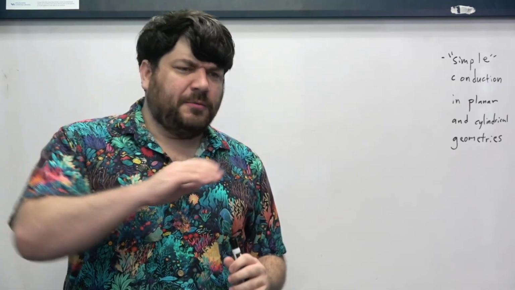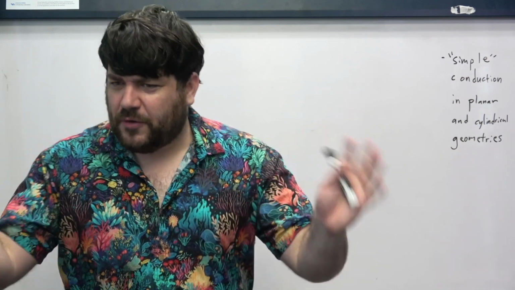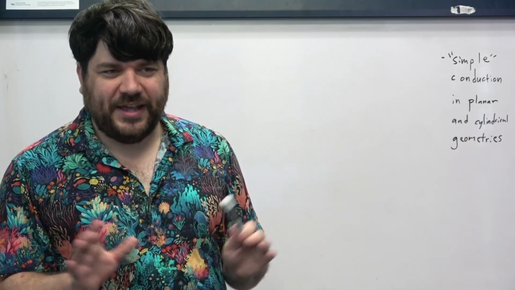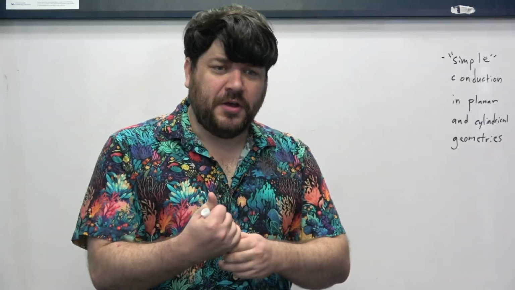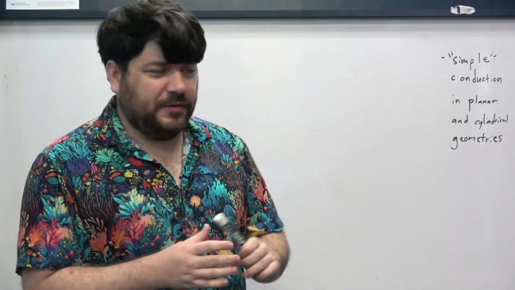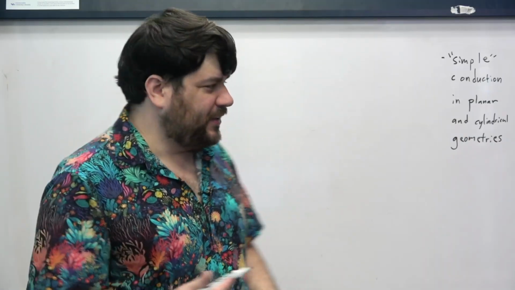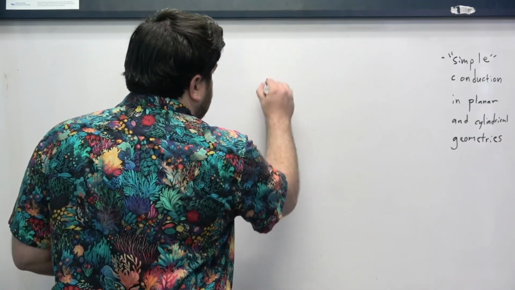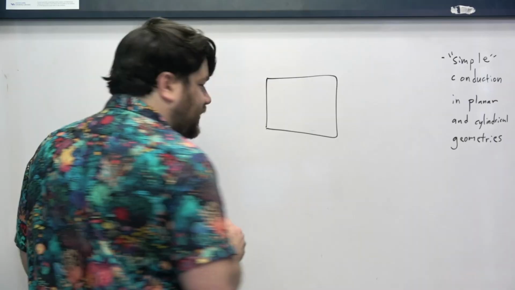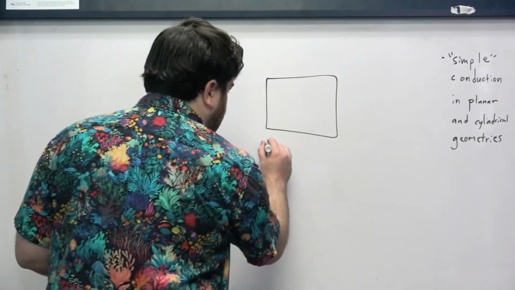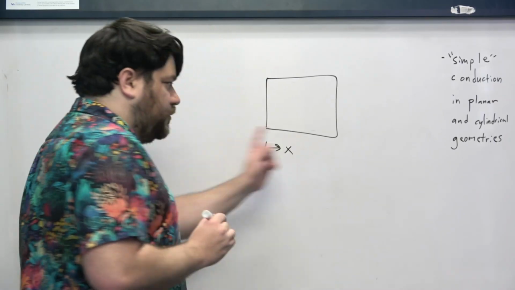So we've already done plenty of planar cases before, but let's take a look at them again just in case. Just as a reminder of what we are considering by simple conduction, right? We would have something like a wall, all right? And we can assume that heat transfer is happening either from left to right or right to left.